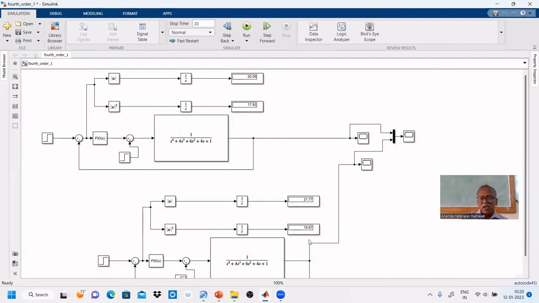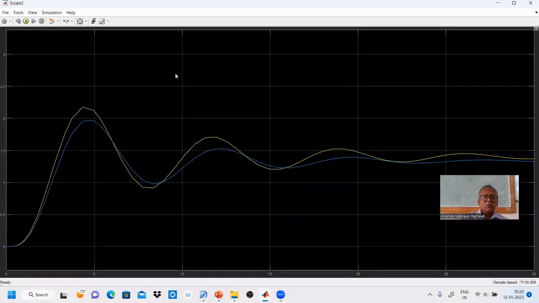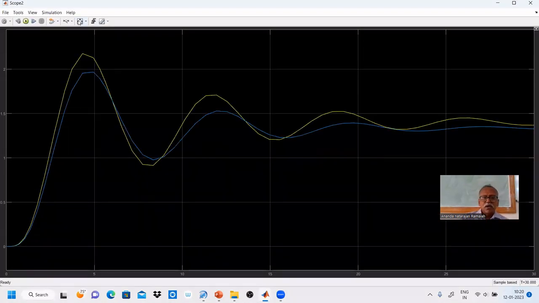Here 17, here 19. So see the response. Definitely the blue is the continuous cycling method. How am I saying this? Because here more error, here more error. Blue has more error, but less overshoot.